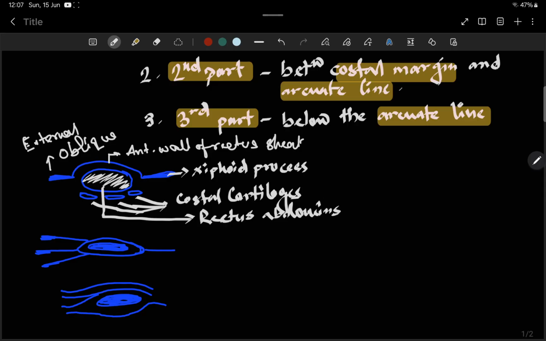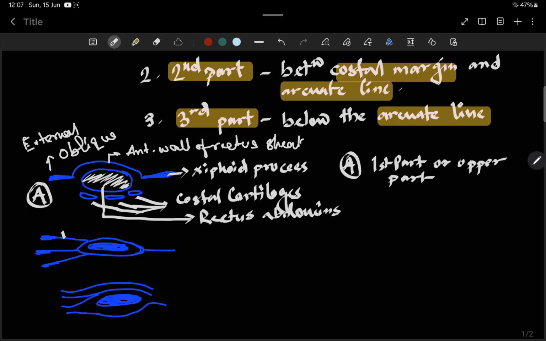So this is the A part. A part denotes the first part or upper part.